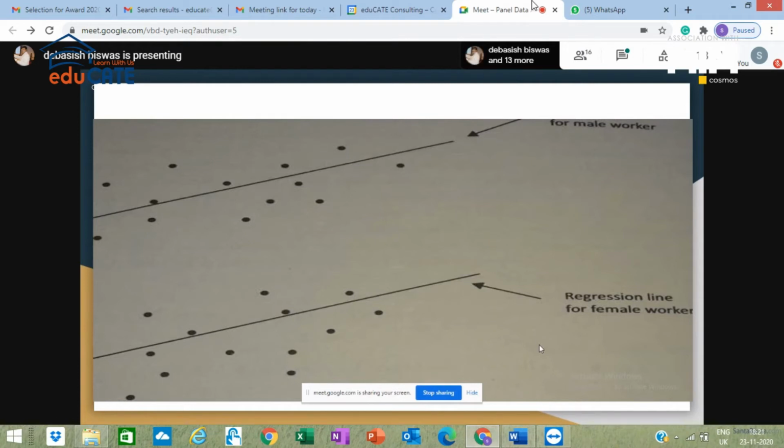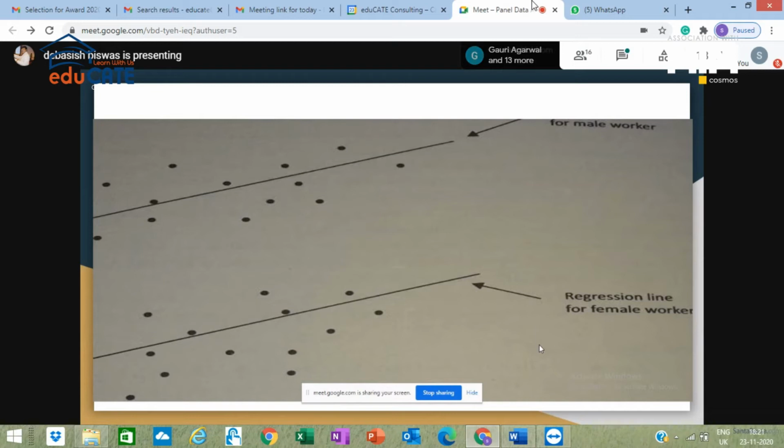Now the question is, what is the role of panel data? Panel data clearly demarcate the cross-sectional units, because the characteristics of one cross-sectional unit are different from the characteristics of another cross-sectional unit.